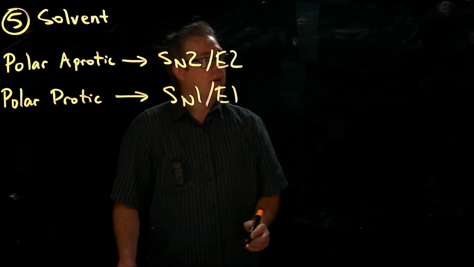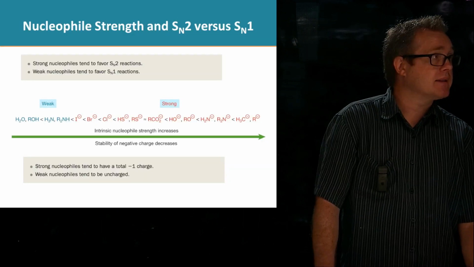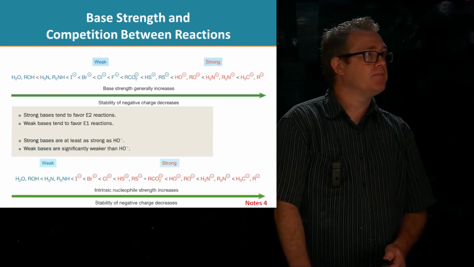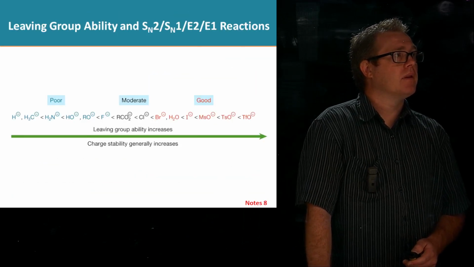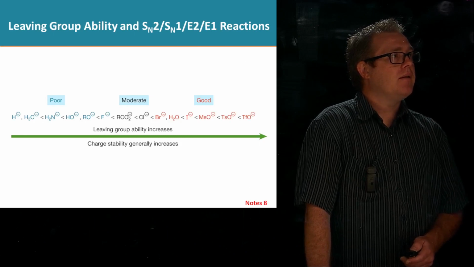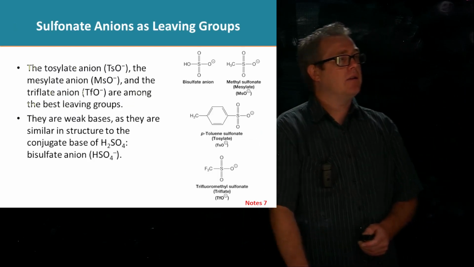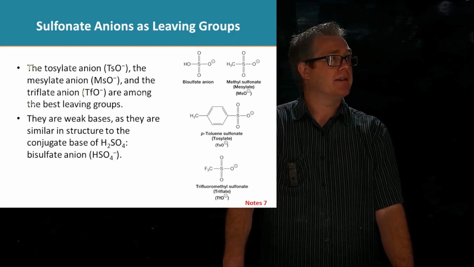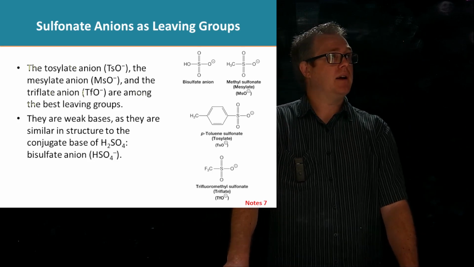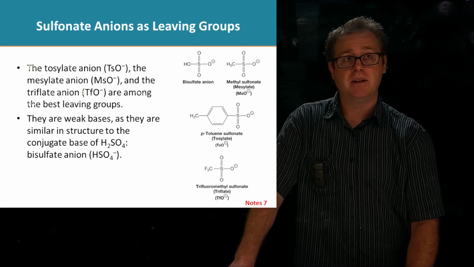But why? Well, let's go to the PowerPoint because that's going to show us some things right here. So on these slides, it looks like I skipped this slide right here, so I want to highlight this one real quick. And this one is all about the leaving group ability.